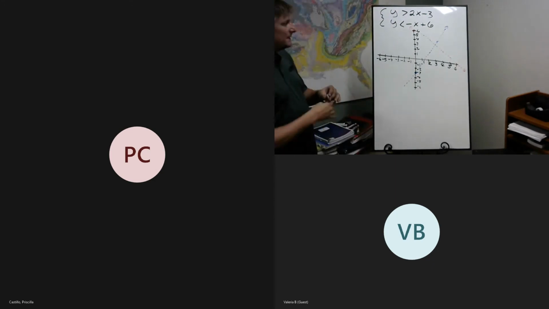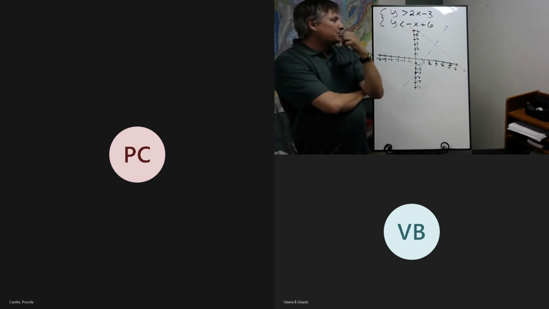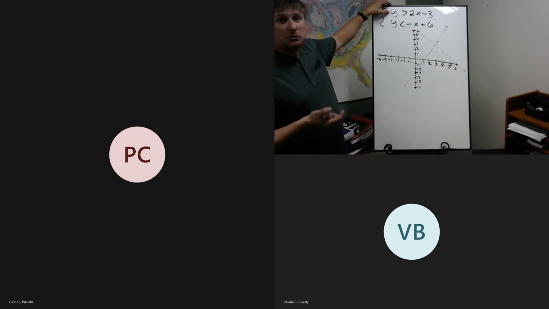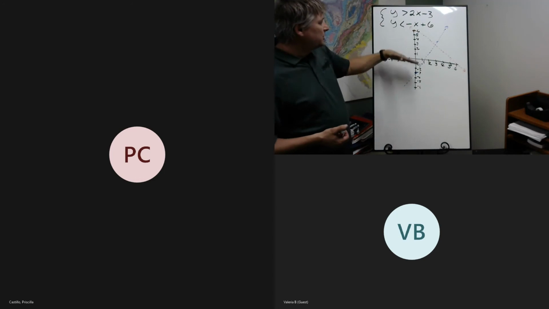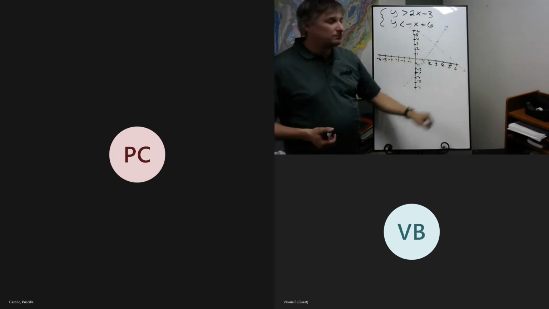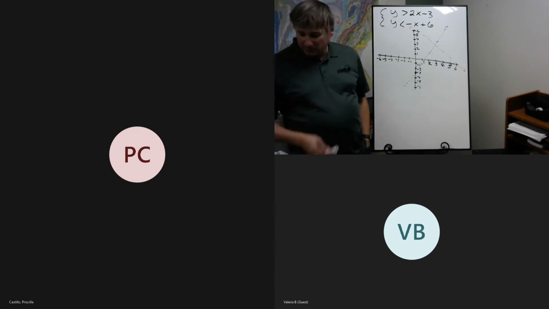So we need to figure out, are we shading above or below these lines? Now, we can use the trick from before. If we have y greater than, that means we're going to shade above. Y less than means we're going to shade below. But let's say we're going to use the test point idea.